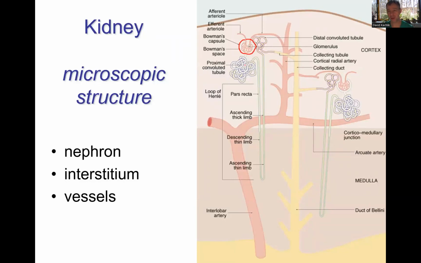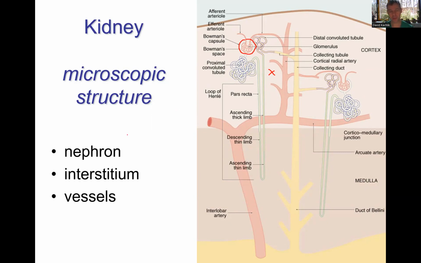Between nephrons, the space is filled with interstitium. The interstitium is composed of fibroblasts, myofibroblasts, lymphocytes, macrophages, and interstitial peritubular cells. And then, of course, we have a system of the vessels which branch here and bring blood.